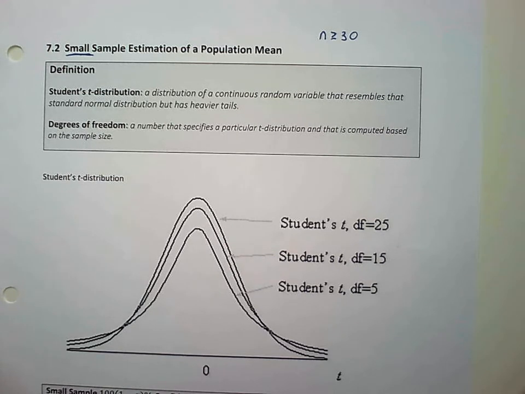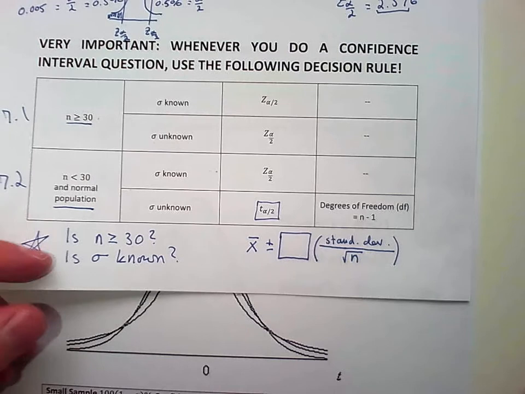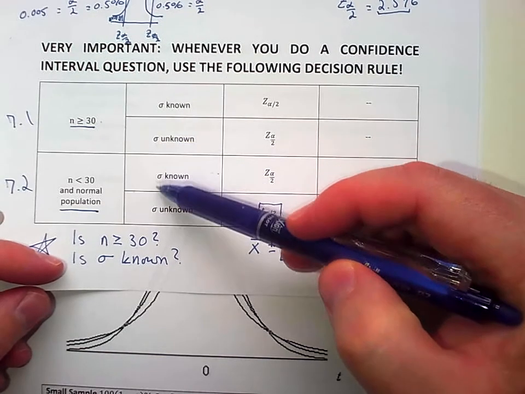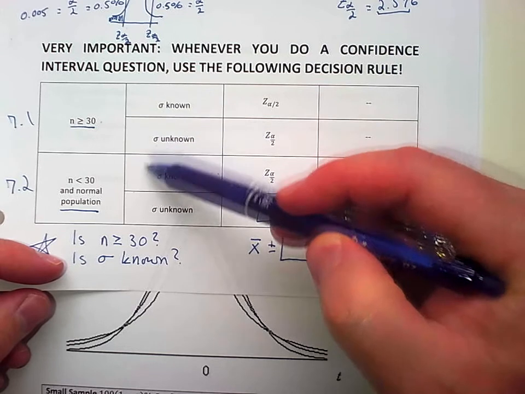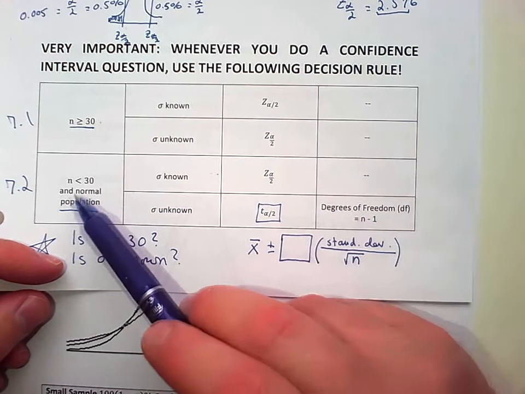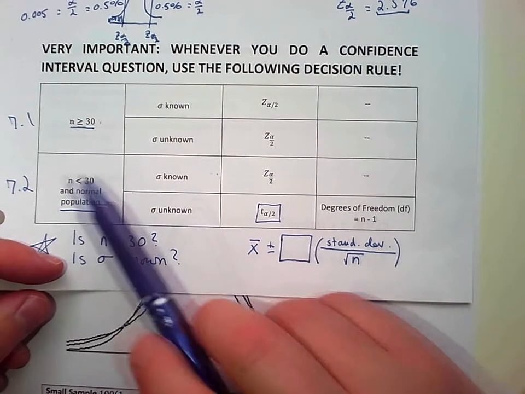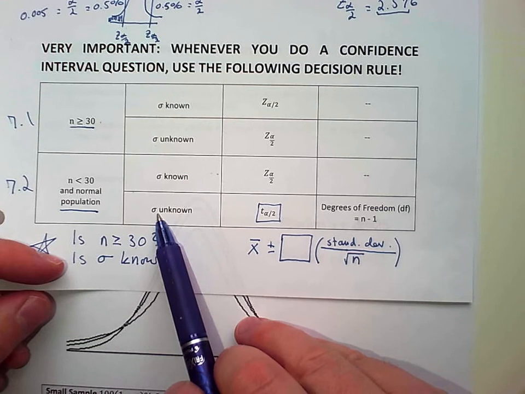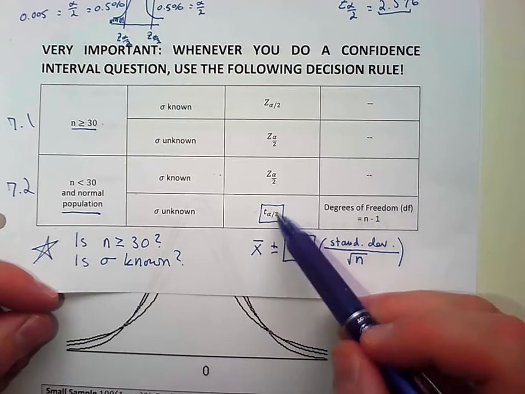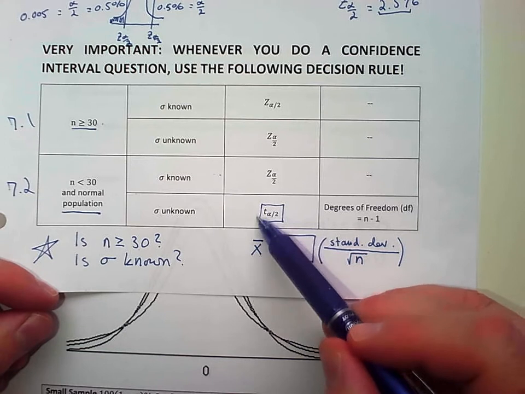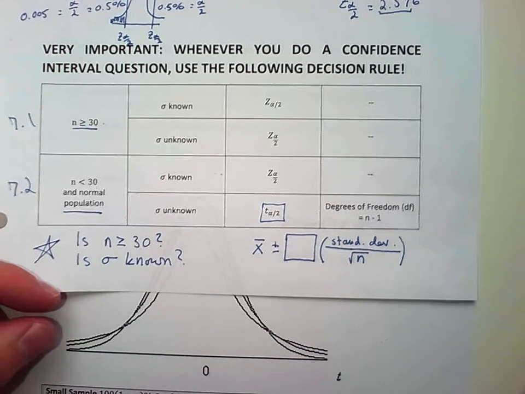Whenever n is less than 30, and we don't know a characteristic about our population, if we don't know sigma about our population, so if we have a small sample size, but we don't know sigma, right? If we answer no to both of these questions, now we can end up down here with t values.